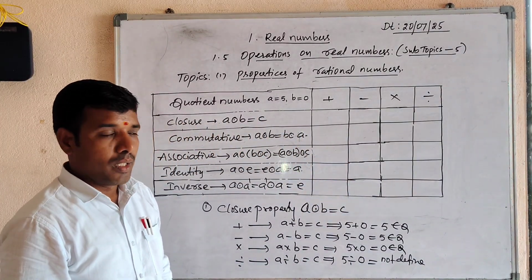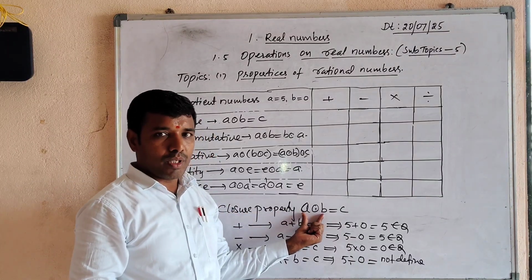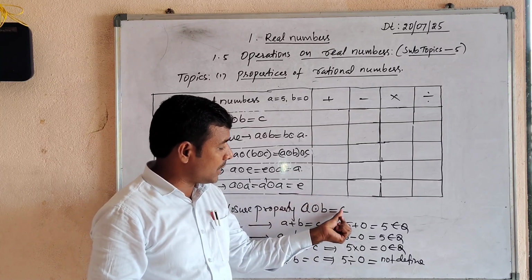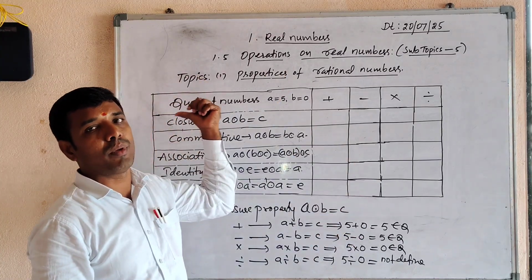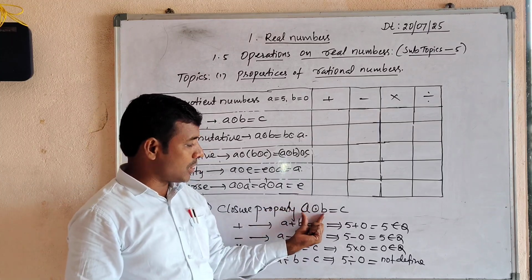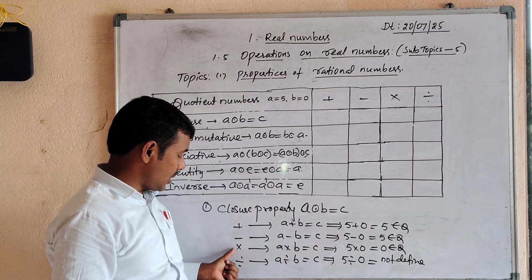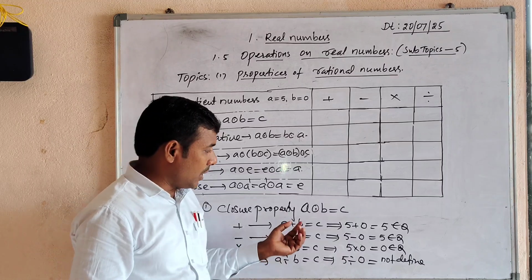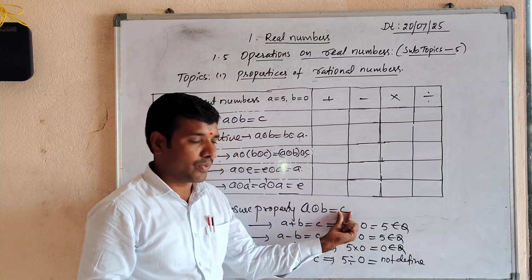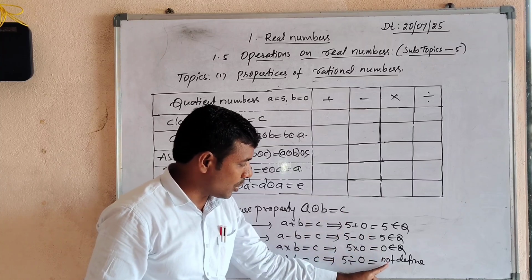Got it? The closure property rule is: choose two rational numbers, then go for addition, subtraction, multiplication and division. The result C should belong to the same set of rational numbers. Once again, it is very important. After the operations you get the result C. For division, C is not possible.